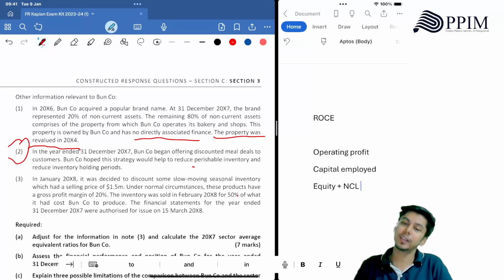Exactly. It would be even higher. Correct. That's a good point that you can write down.